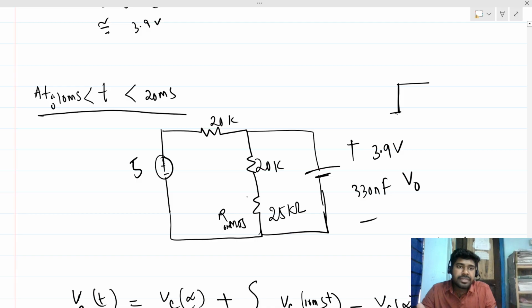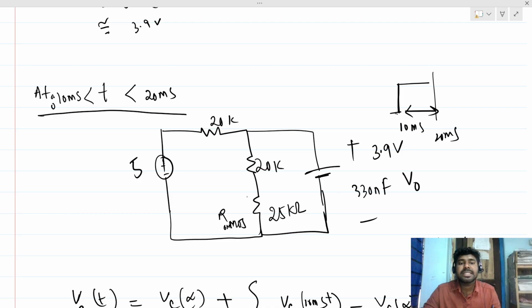And after that, from this time duration, 10 millisecond to, let's say, 20 millisecond, it will behave like a capacitor and the behavior of the capacitor will come into the picture. Here the current cannot be infinite anymore, and the current cannot be constant either.